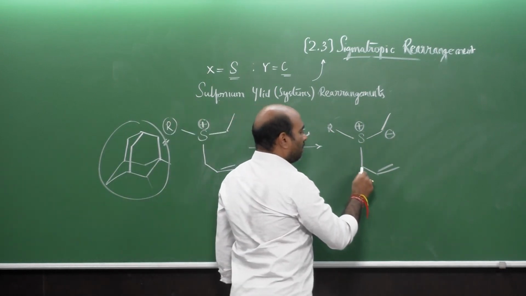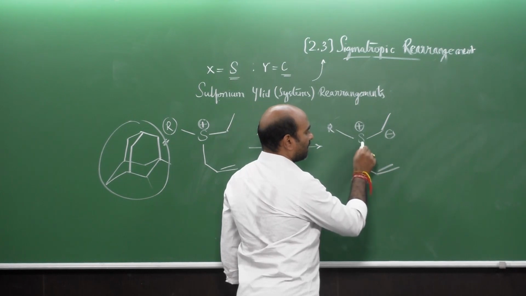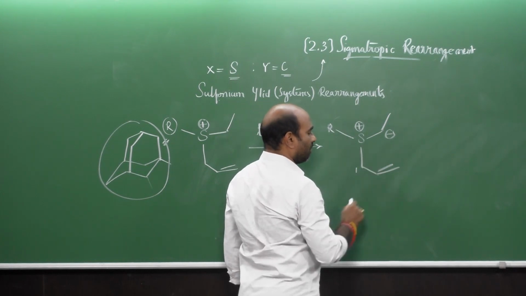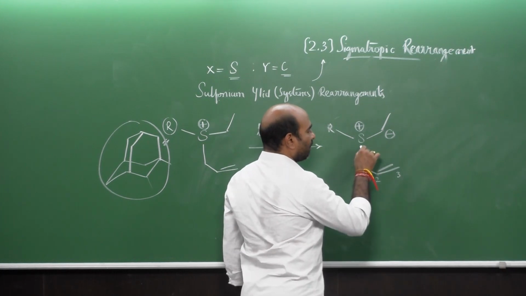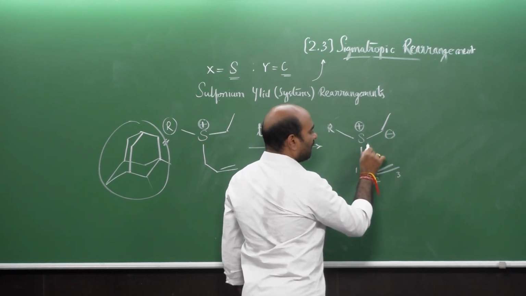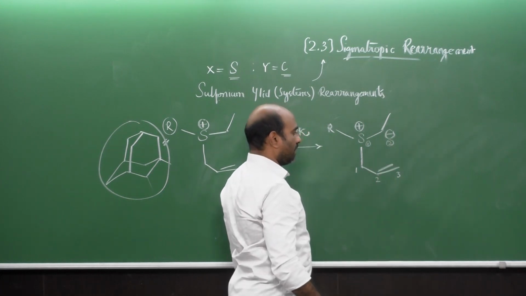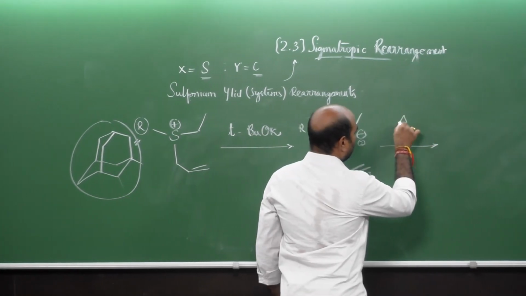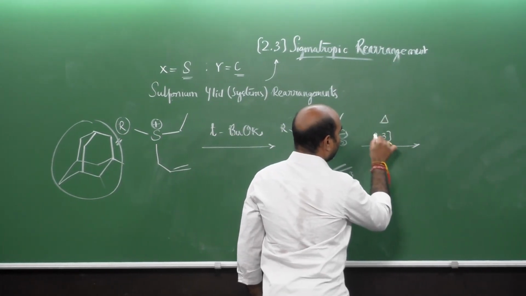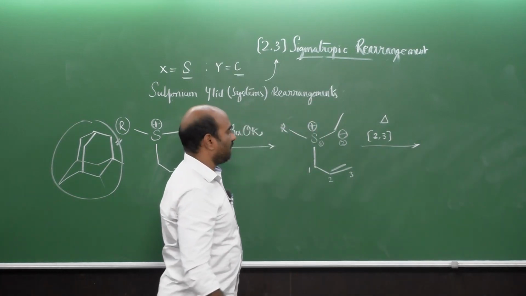Now, the numbering has to be started with the saturated carbon atom which is attached to the heteroatom. So, this takes the 1 and 2 and 3. Similarly, the other end of the sigma bond which is migrating should also be given 1 and 2. So, this is 2, right. So, under thermal conditions, the same molecule will be subjected to 2,3 sigmatropic rearrangement.